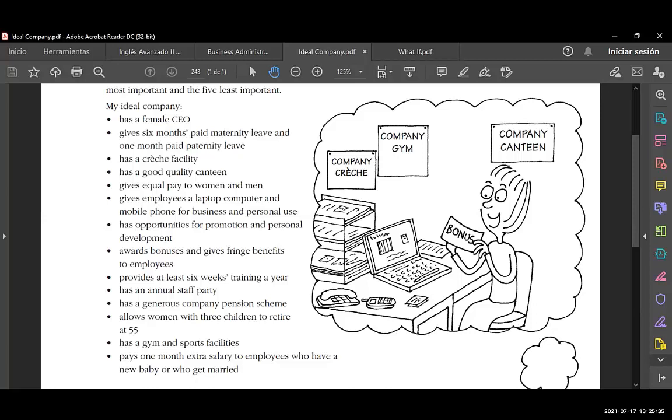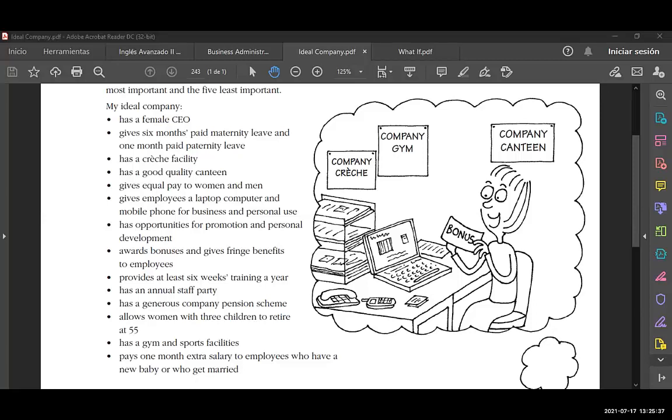The most important are has a career quality, gives equal pay to women and men, has opportunities for promotion and personal development. ¿Cómo se pronuncia, profe?